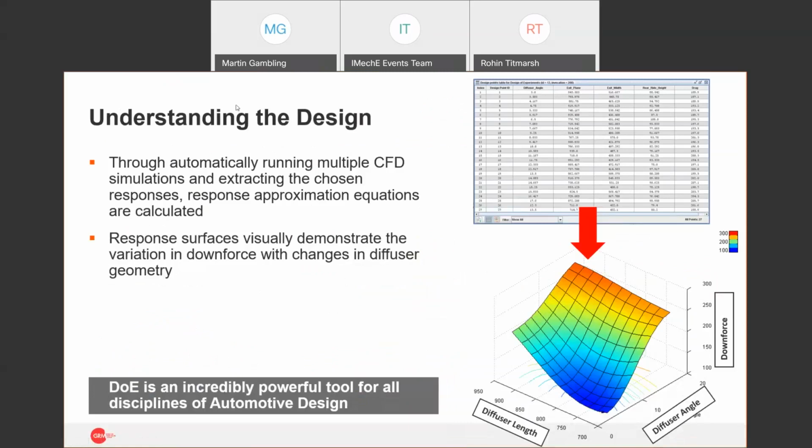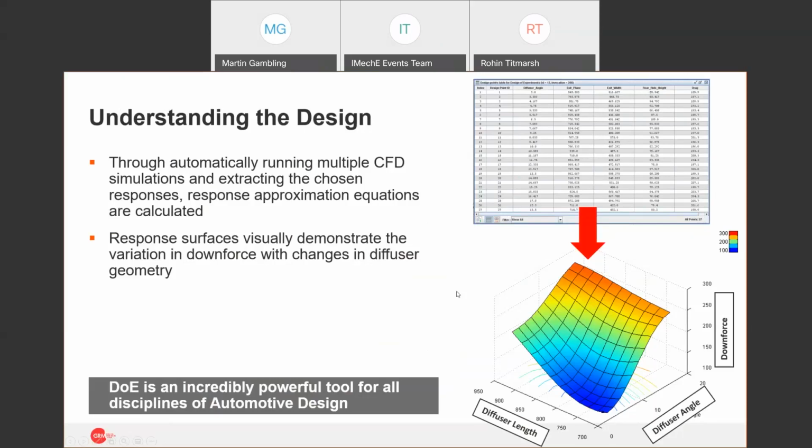If you can see that on your screen, if your zoom is clear enough, for each of our 4 parameters, it's varied them all uniquely and run, in that case, 27 simulations, and for each of those it's got drag and also downforce, which is just hiding off the screen. So from those responses, it's built up this response surface, and that response surface allows you to effectively predict any further permutations of those geometry variations.